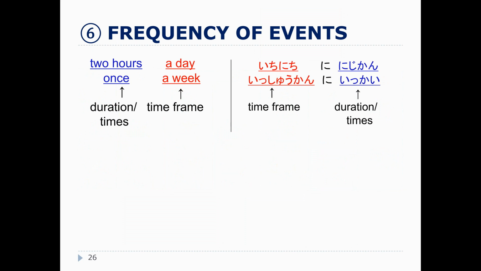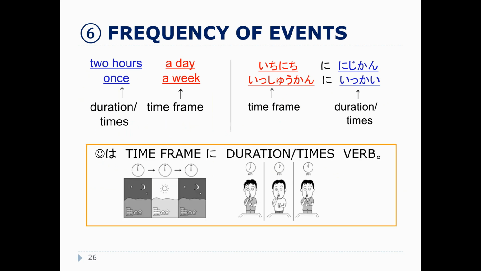So in English, we say 2 hours a day, or once a week. In Japanese, these go in the reverse order. First the time frame, then ni, and then the number of times.